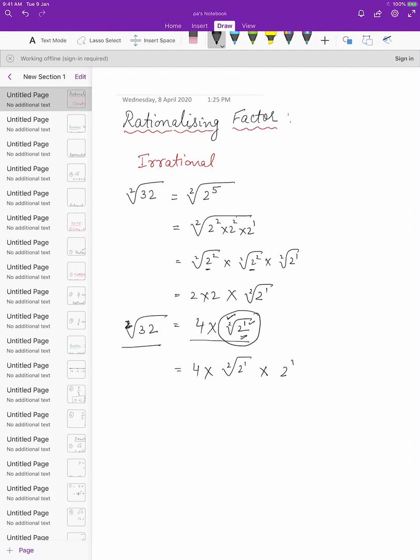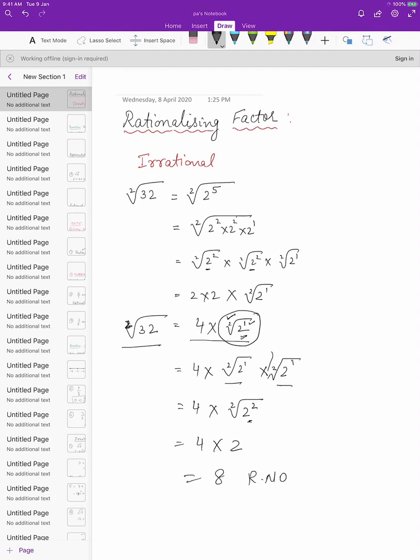But if I simply multiply by 2, I will not be able to multiply these two numbers. So what will I do? I will take square root of 2. Now what do I get if I multiply these two numbers? I will get square root of 2 into 2, or 2 square, and ultimately this will also come out of the radical sign, and we will finally get a rational number.